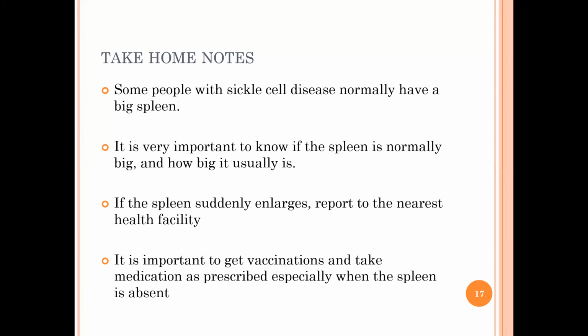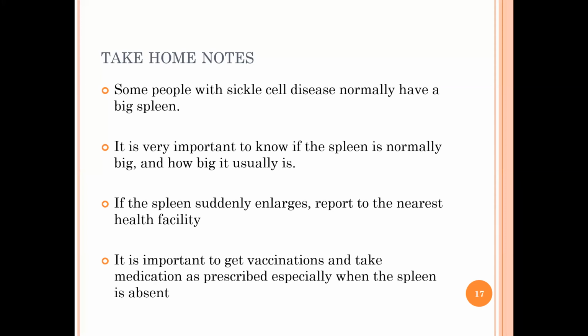Then it is important that you get your vaccinations. For Ghana, I think because you are sort of forced to get your vaccinations before you are even allowed into nursery school, most people get their vaccinations. But recently, especially for the pneumococcal vaccine, there's another one that they give to adults, because the one we get when we are younger covers only some, not all, of the serotypes of the strep pneumococcus bacteria.